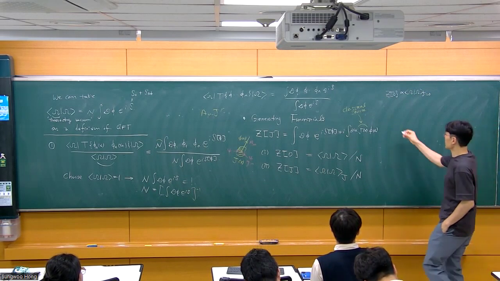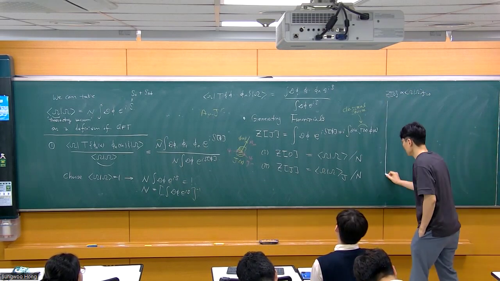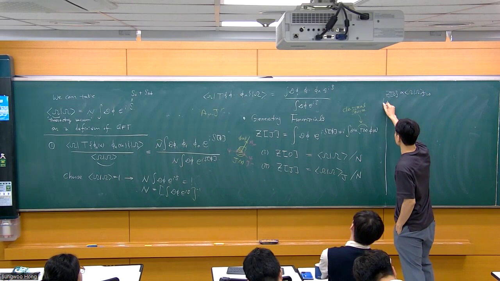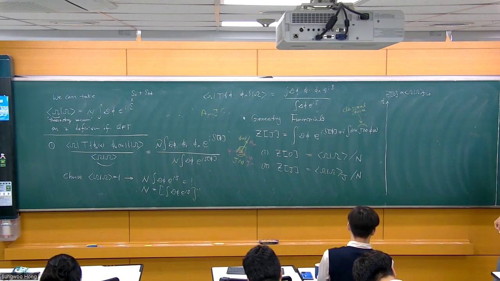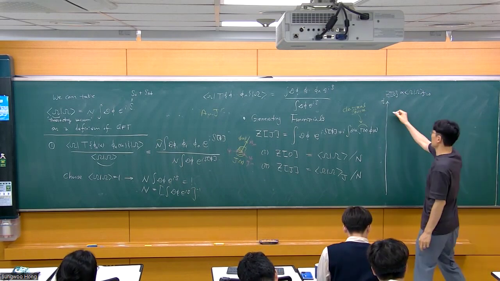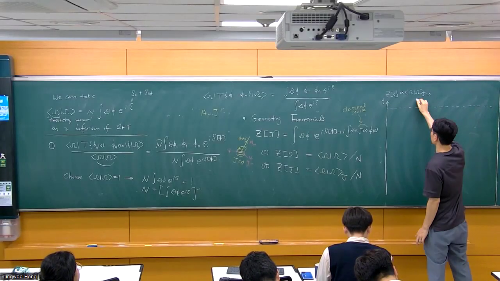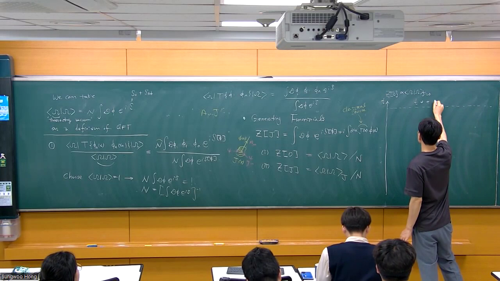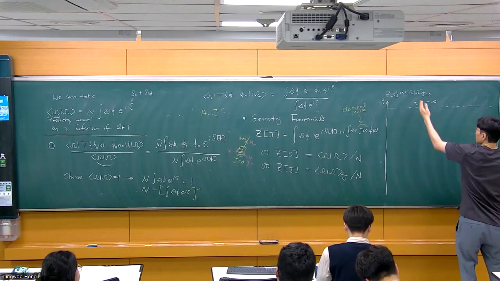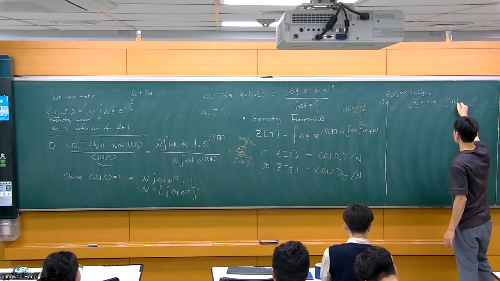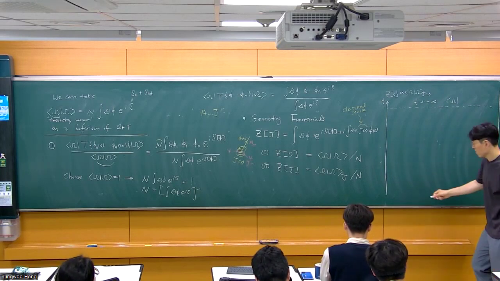So what is the picture here? Let's take the time. This is my time axis. I'm going to look at time goes to plus infinity. I want to see that it is a vacuum state. So that's the final vacuum state.